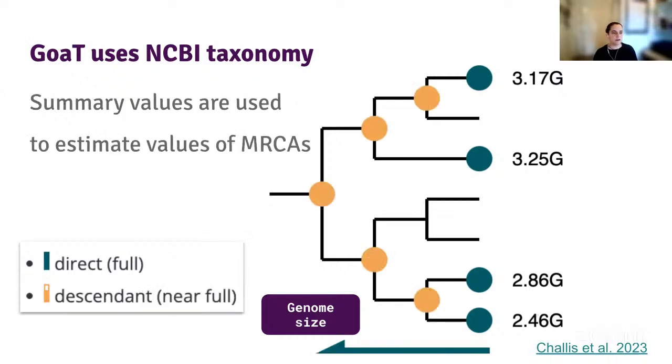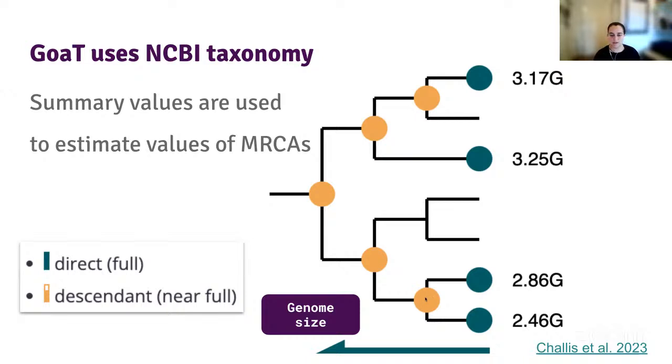Then what we do is create summary values within a taxon. Let's say these two species here are congeners, so the same genus. For genome size, GoaT picks a summary value that makes sense for it, either a mean or a median. For chromosome number, it would be the mode of all of the observations, and it populates back in the tree with the summary values for the group.